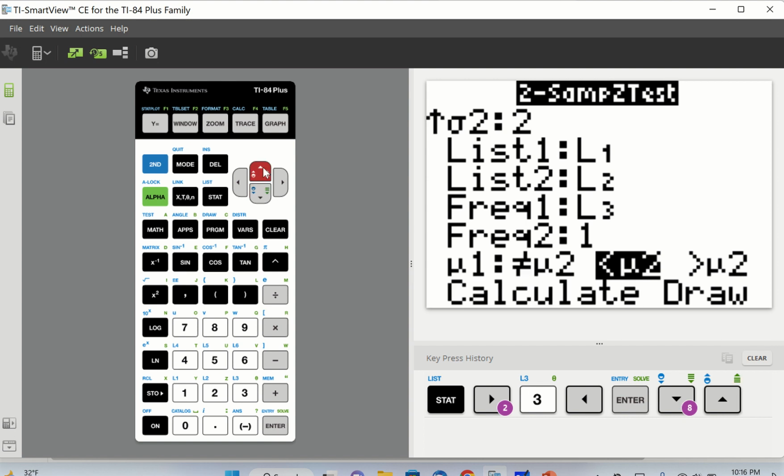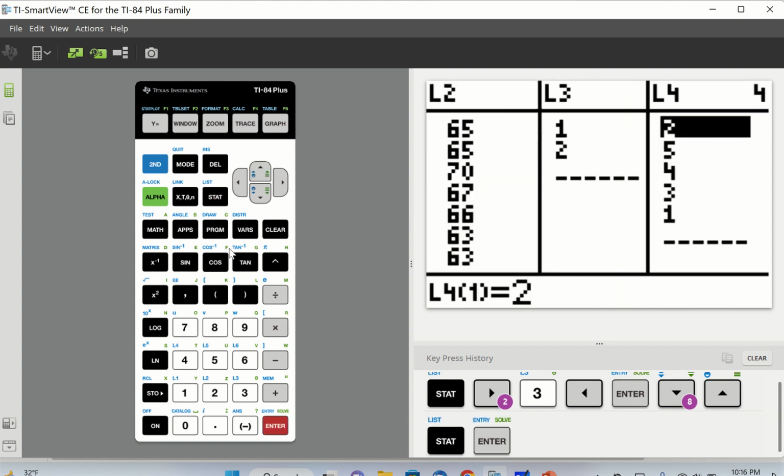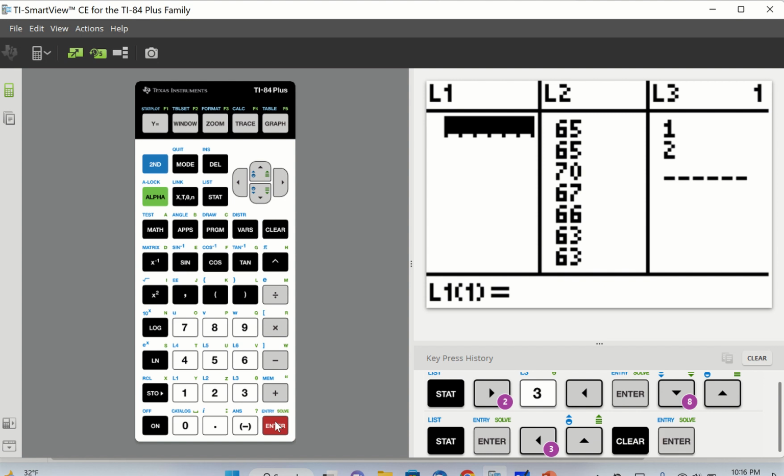So let's pretend that data is given. How would we enter it into these lists? For that, you would go to Stat, select option 1 for Edit, and you have these lists where you can enter your data. Find an empty list, or if you don't have one, you could go up using the up arrow to highlight the name of the list, hit clear, enter to clean up the list.